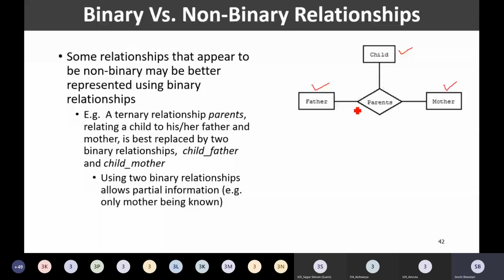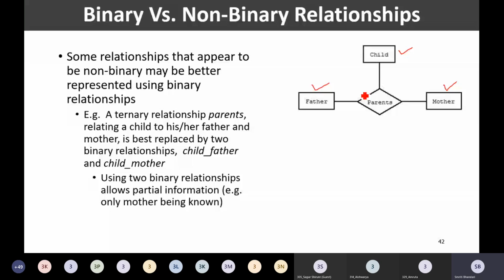And that is why we are saying that this parent relationship is a ternary relationship. Right? But now if you look at this, we may feel that this is really a good representation, that child is associated with his or her father and mother through this relationship parent.